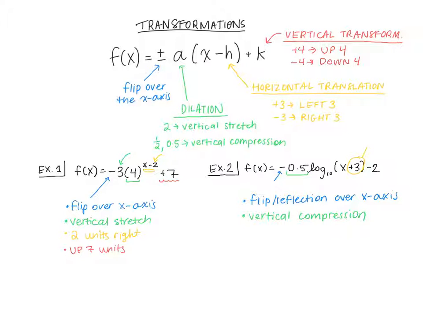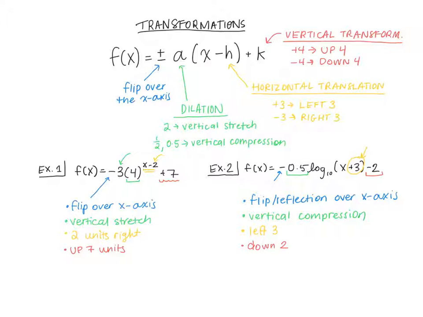It's inside my argument or my parentheses, so I have to do the opposite because it's going to be horizontal. So I'm going to move left 3. And finally, I see this -2 is outside of my group. And I know that that is going to move down 2, because if it's outside my group, that means it's a vertical transformation. So we're going to move down 2.